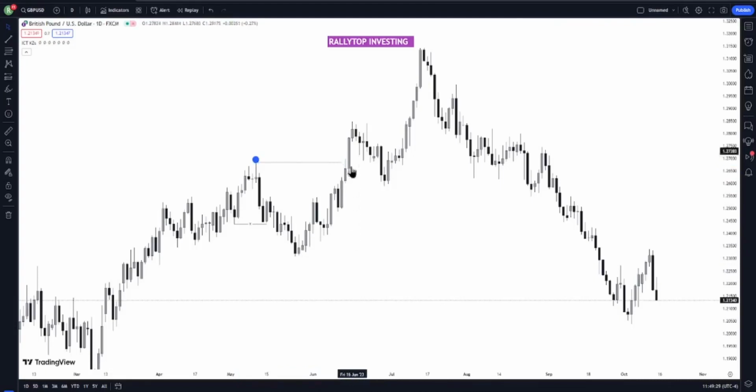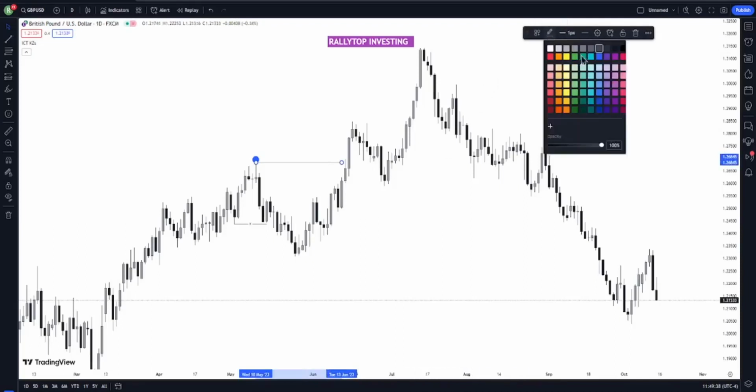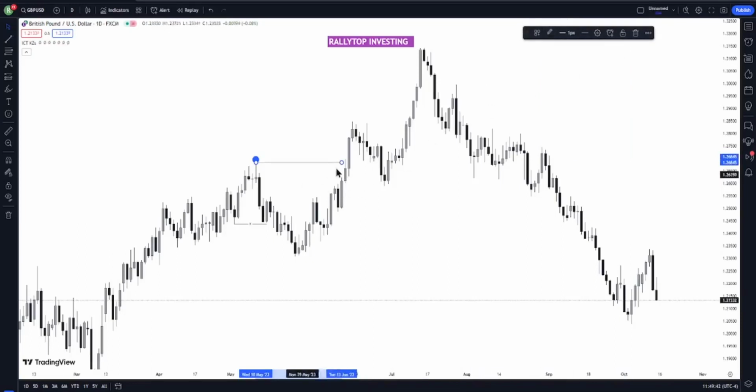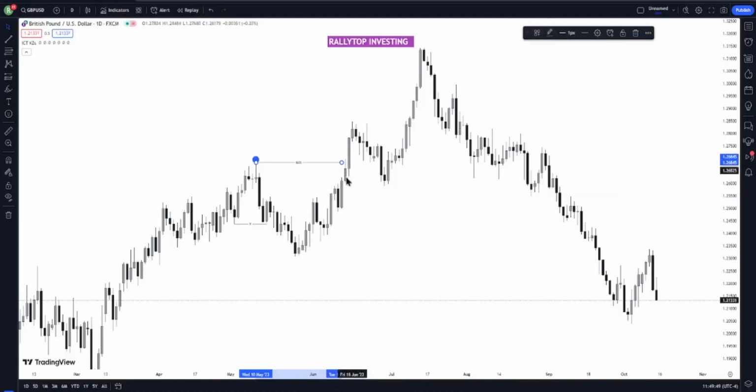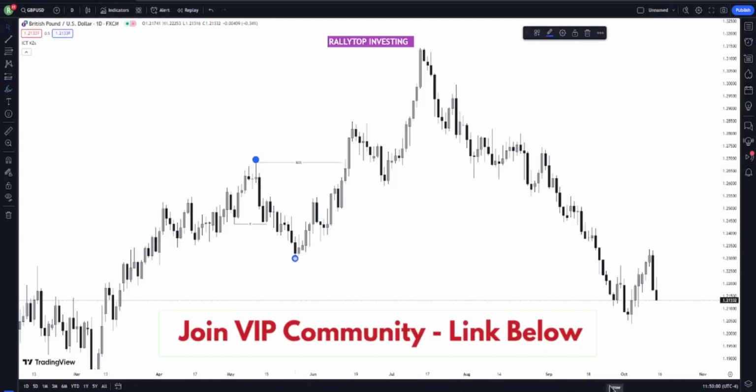As you can see, price took it out with candle closure, even though it took it out initially with a candle wick, but it eventually confirmed it by closing above it, making this a valid break of structure. So this is our break of structure here, and with that break of structure, this low is confirmed as our valid low in the market.